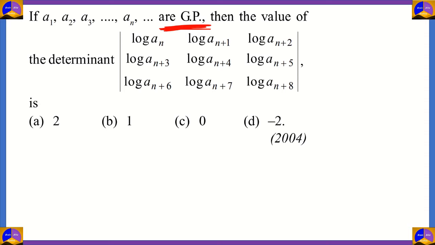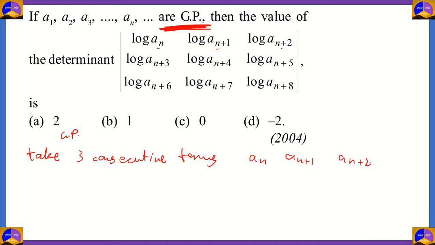So it is from here that we first start solving the question. Now, in a geometric progression, if you take 3 consecutive terms, so we can take any 3 consecutive terms, but for our calculation's sake, in the determinant, we can take An+1 and An+2.